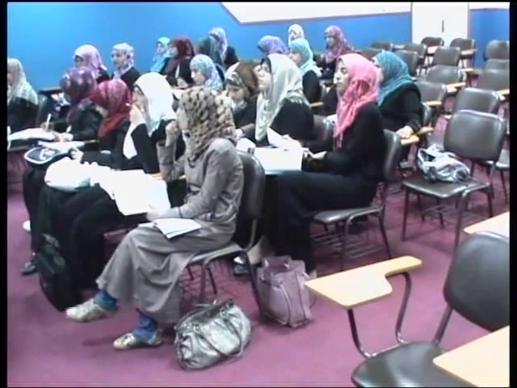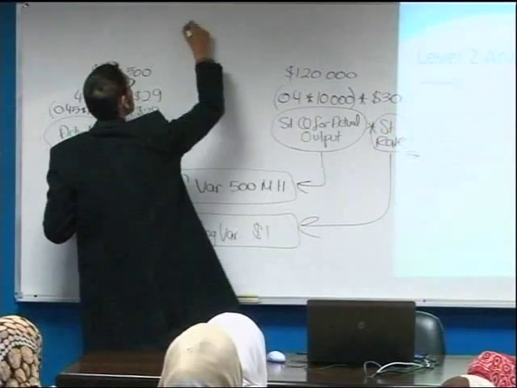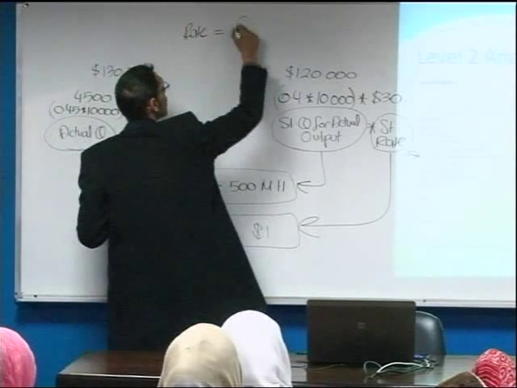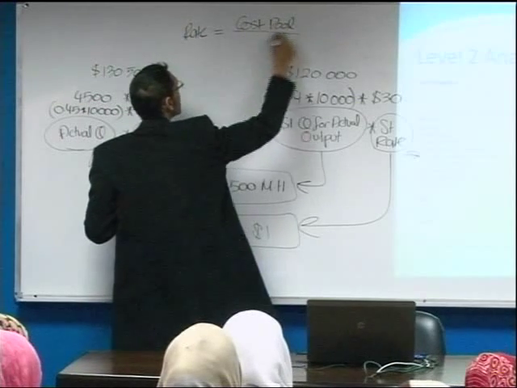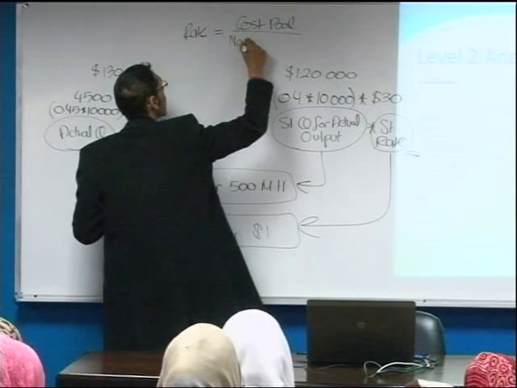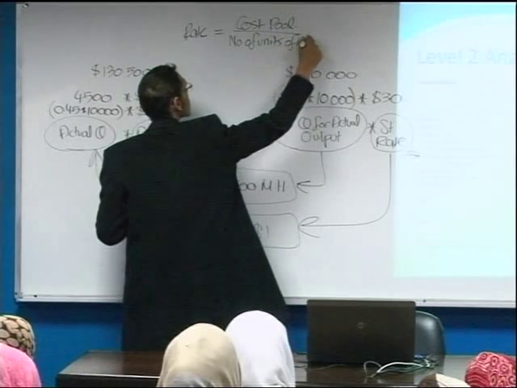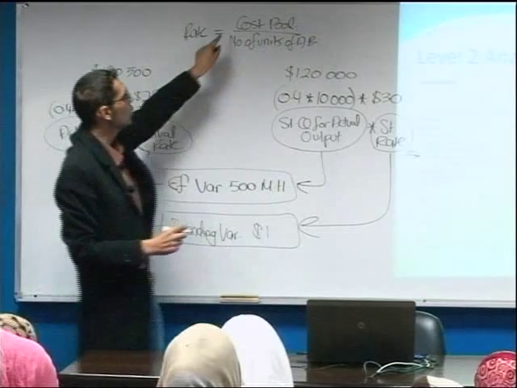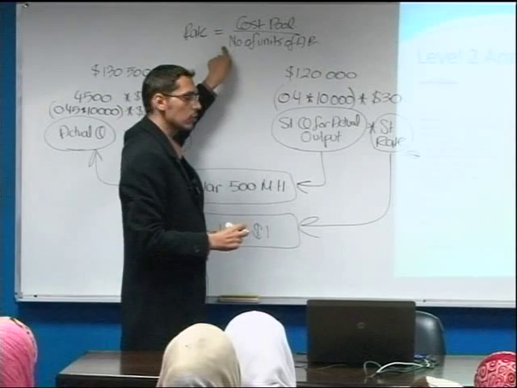Excellent. Therefore, this rate, whether the standard or the actual, was calculated by the following equation: the cost pool divided by the number of units of the allocation base. Of course, for the actual rate, we use the actual cost pool and the actual number of units of the allocation base.